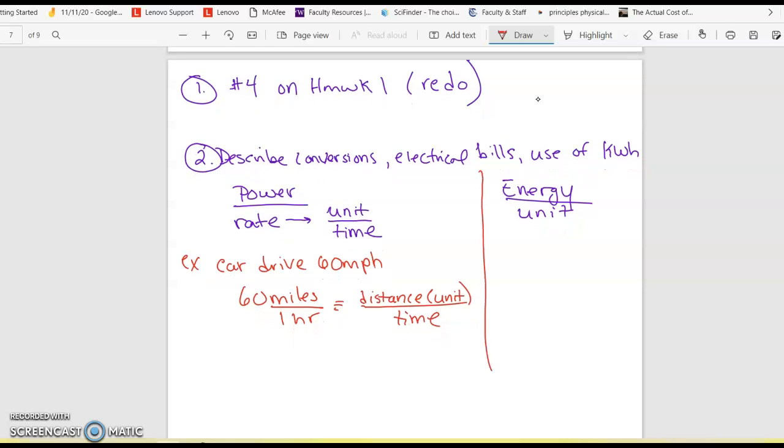So to get between a unit and a power, or a rate, if we look on this side, if you take a rate times a time, you get the total unit. So let's say you were driving for 1 hour. How far did you drive?